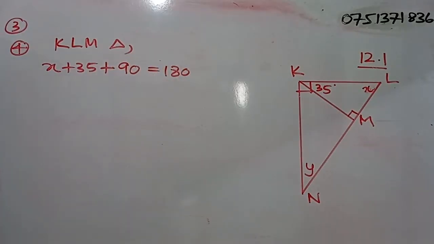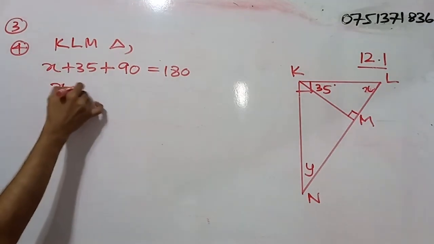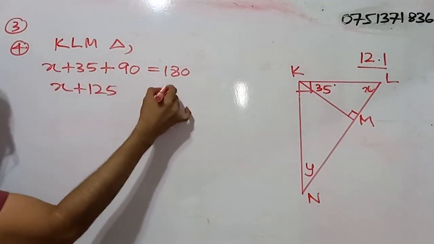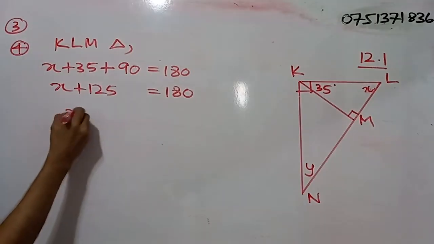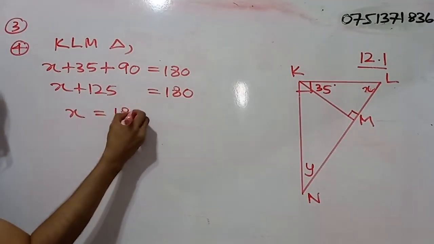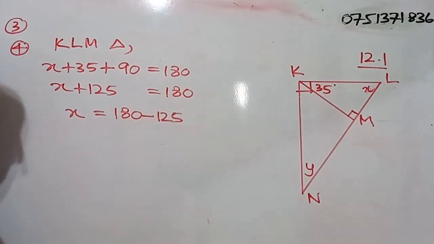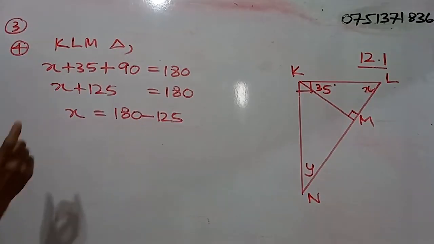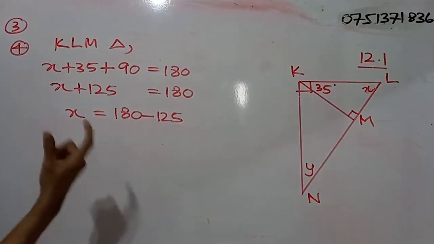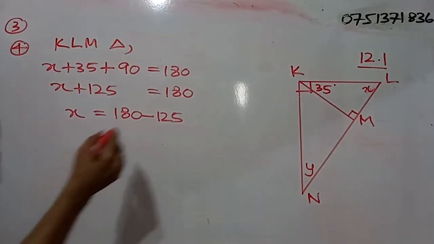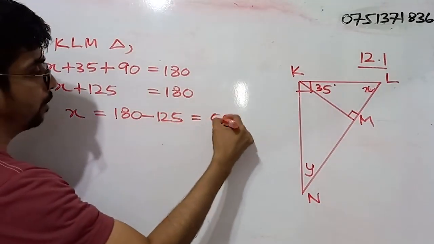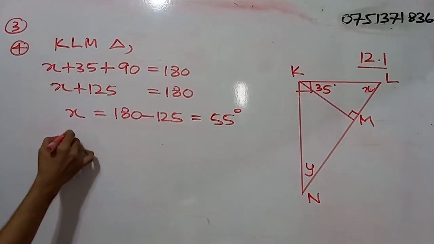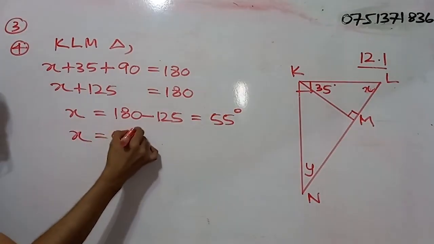Sum of internal angles of a triangle. So x plus 125 is equal to 180. So x is equal to what? 180 minus 125. 180 minus 120 is 60. From that we can subtract 5. So we get 55 degrees. So x is 55 degrees.